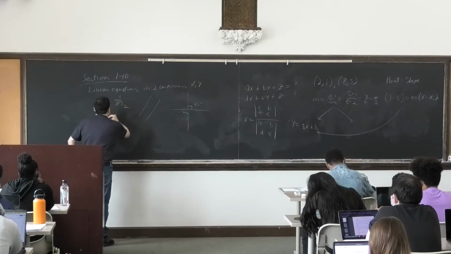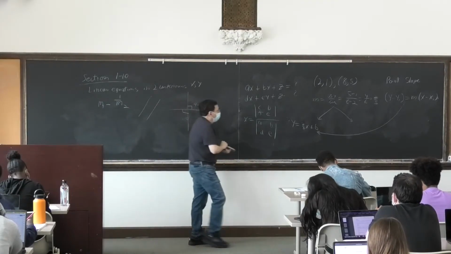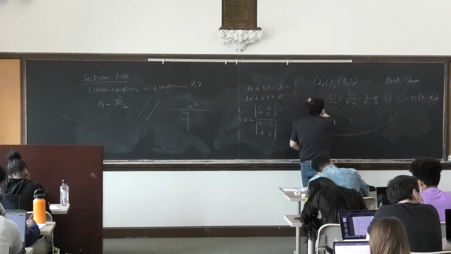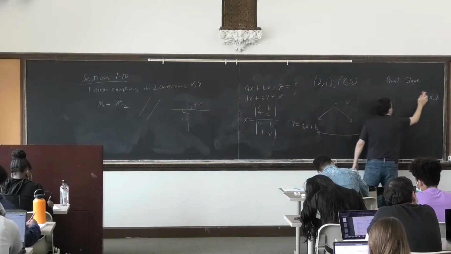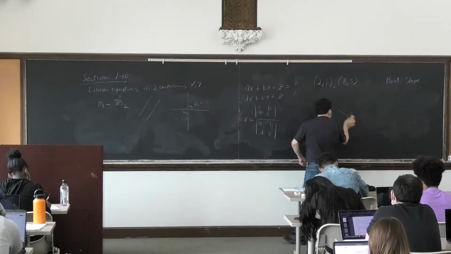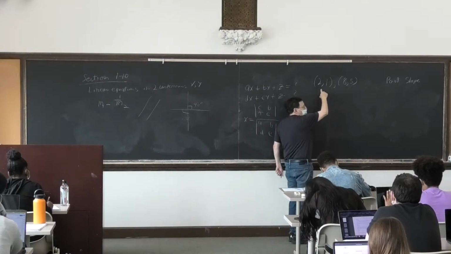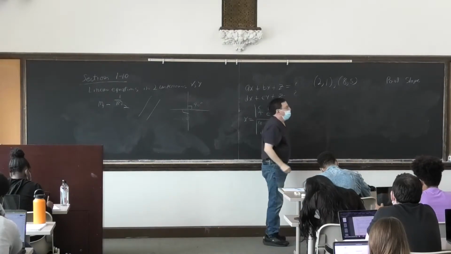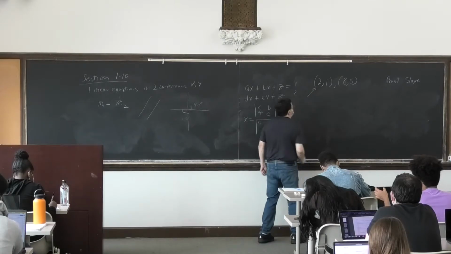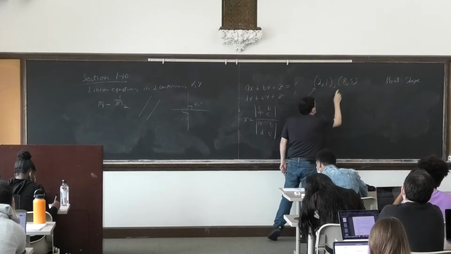You want to know that. Because in this example, let's say I said, I want the line, but not the one that goes through these 2 points. I want it to go through this point, but I want it to be perpendicular to the line that goes through these points.